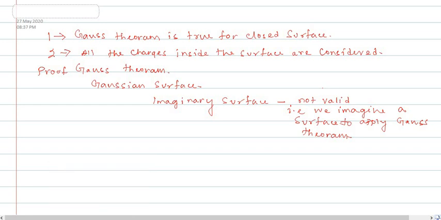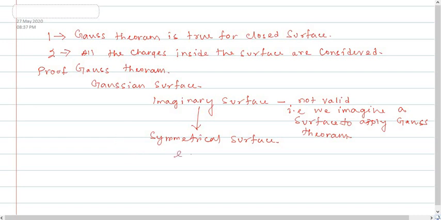We imagine a surface so that we can apply the Gauss theorem. Remember, this imaginary surface is a symmetrical surface. Very, very important. It is a which surface? Symmetrical surface.